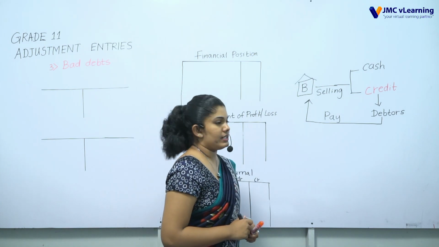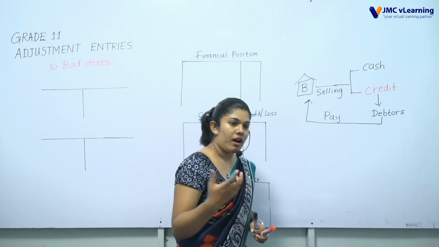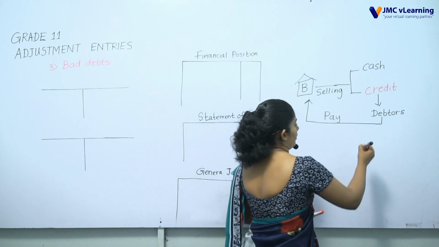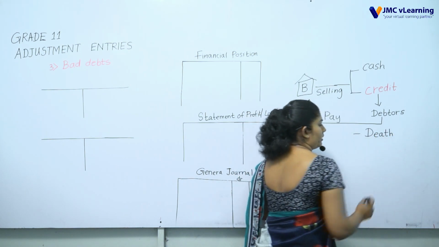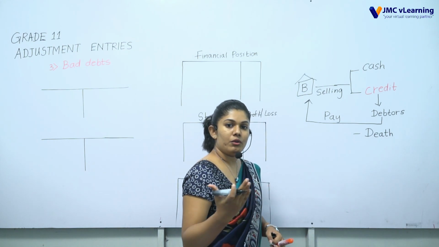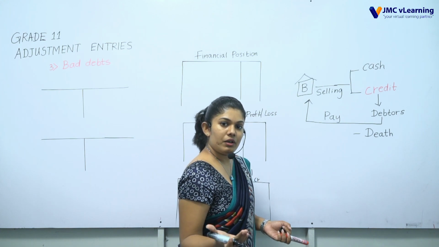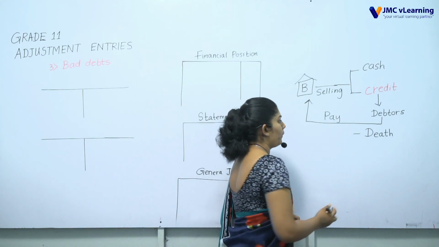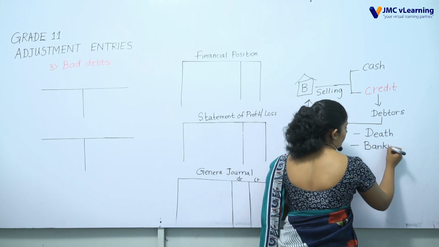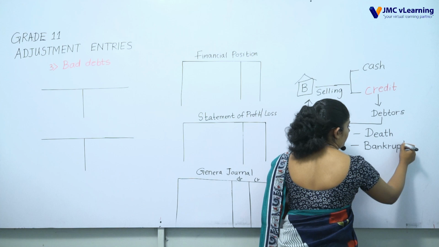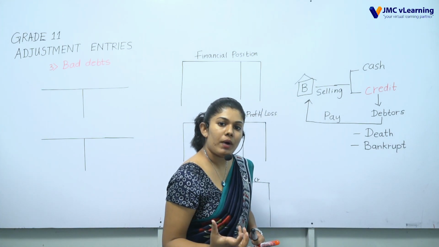The reasons they are unable to pay are these: death. The person who took goods or services from us is dead, so he can't pay. Or bankrupt. Bankrupt, that means he has no money to pay.